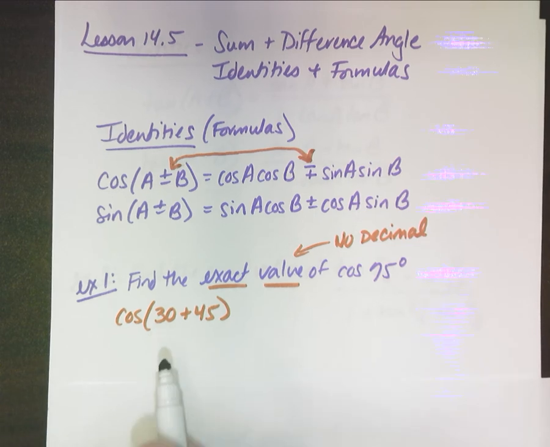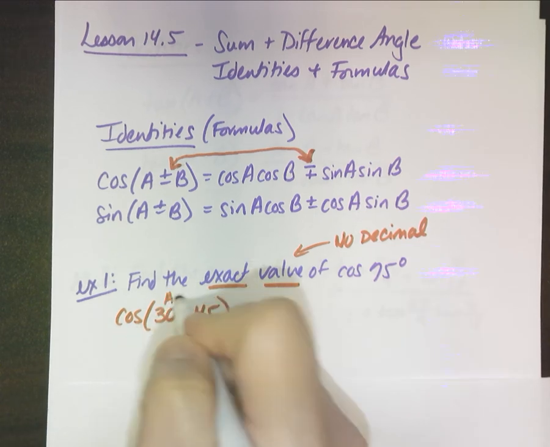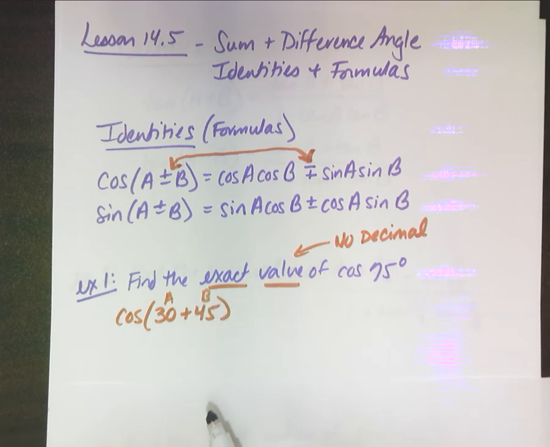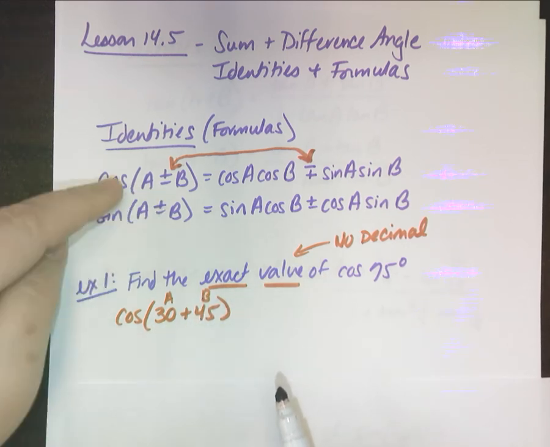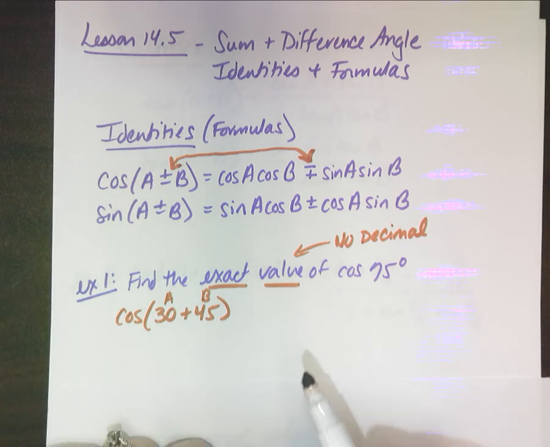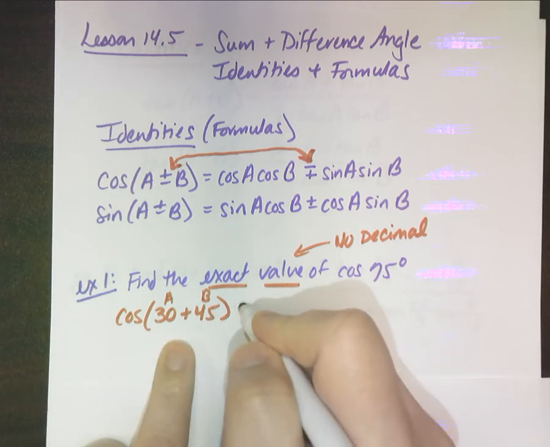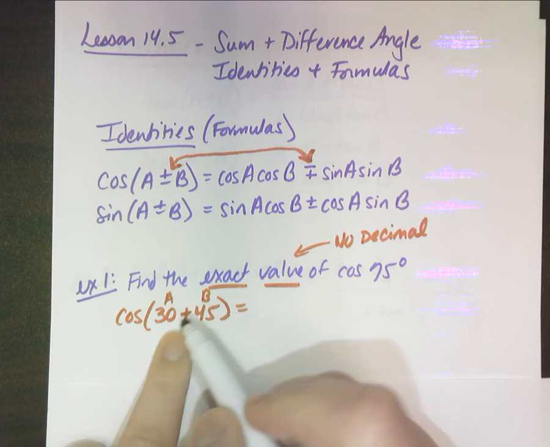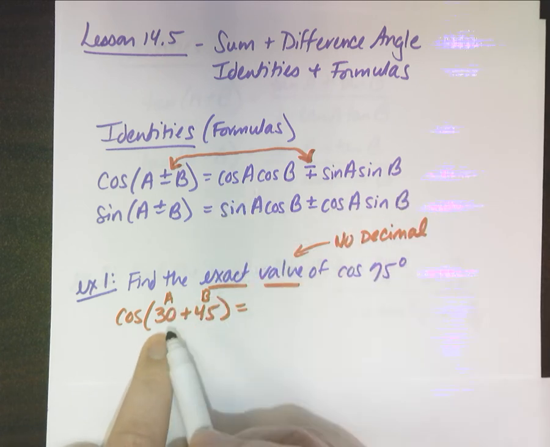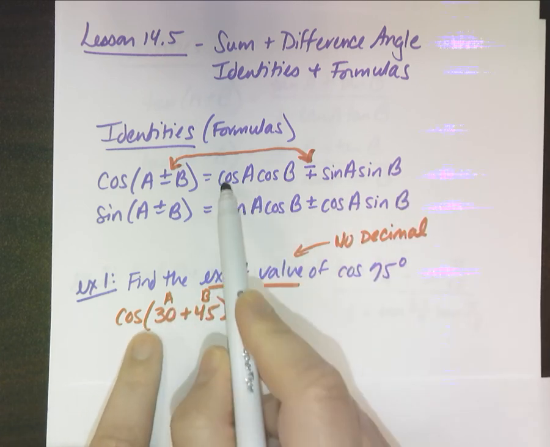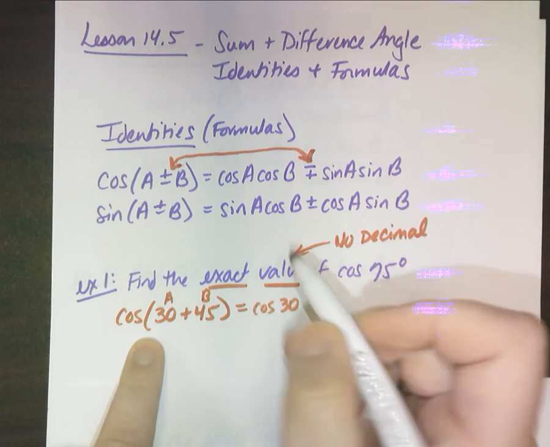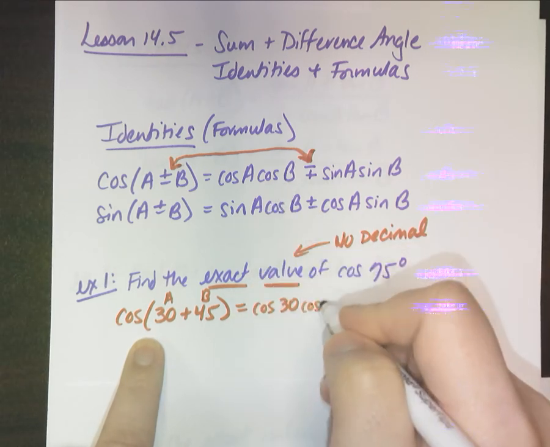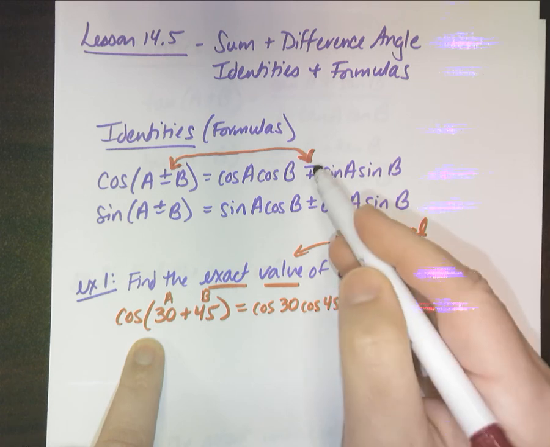So I'm going to let this be my A and this be my B. By the way, I could have reversed those and would have been fine. We would have gotten the same exact thing. So let's just follow the formula. If this is my A and this is my B, following that first formula, I want to write cosine A, so cosine 30, cosine B, cosine 45, minus plus.